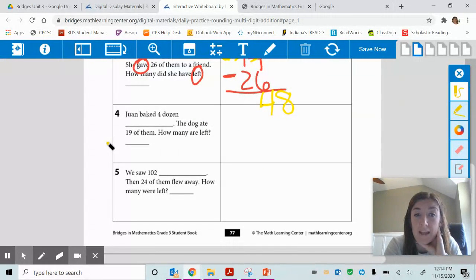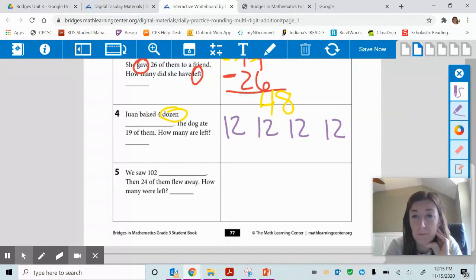Juan baked 4 dozen. Ooh, this is a 2-step problem. Maybe we should do this together. But then the dog eats 19, how many are left? So what you have to remember is 4 dozen. A dozen equals how many? Do you remember? If you said 12, you're correct. So 12 times 4, or you could do 12 added 4 times.